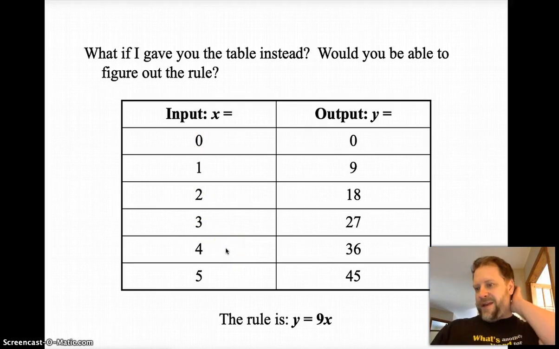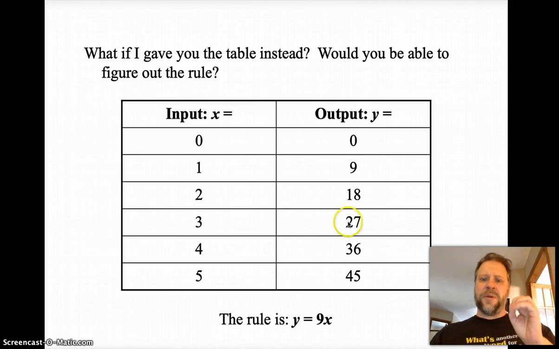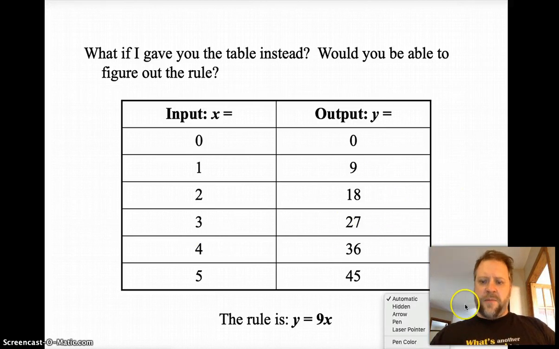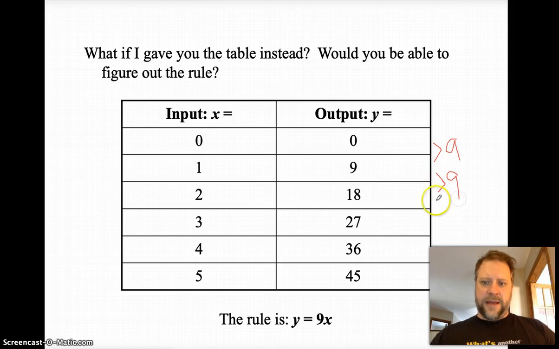All right, this one's pretty easy, but notice again that this pattern follows very similar to what we talked about in the last one. It's still going up by 9. Going up by 9.